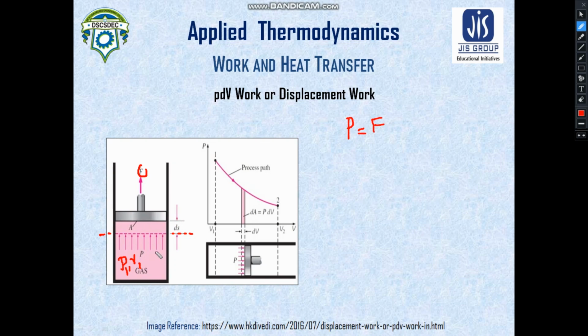In other words, initially this was the boundary of the closed system between the piston and the cylinder, and this boundary has been moved in an upwards direction by a certain value of ds. This is all happening because of the motive force of pressure which is applied by the gas on the piston. Now we are treating this gas as our thermodynamic system and the piston as our surroundings.